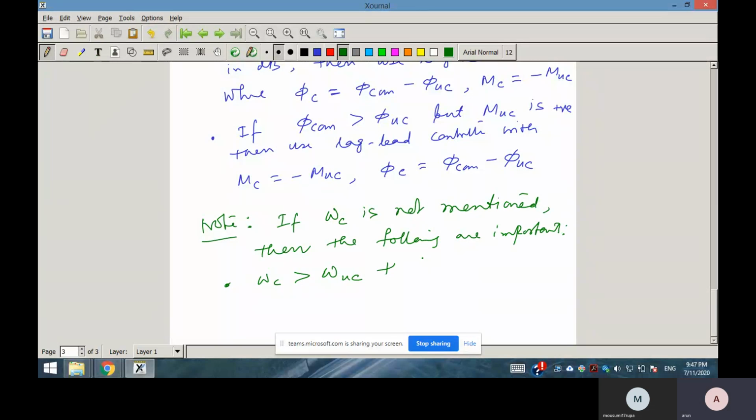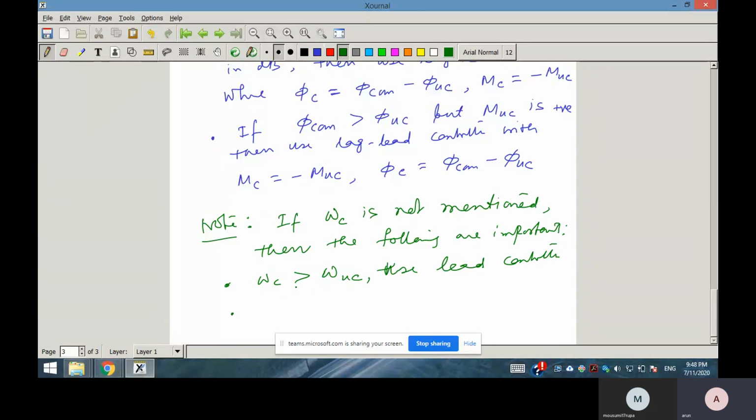If omega C is greater than omega UC, we can use a lead controller. If you want omega C greater than omega UC, that means you want to make the system fast, use a lead controller.